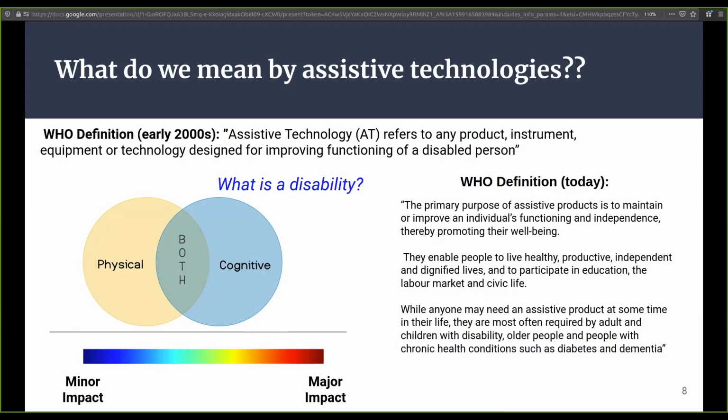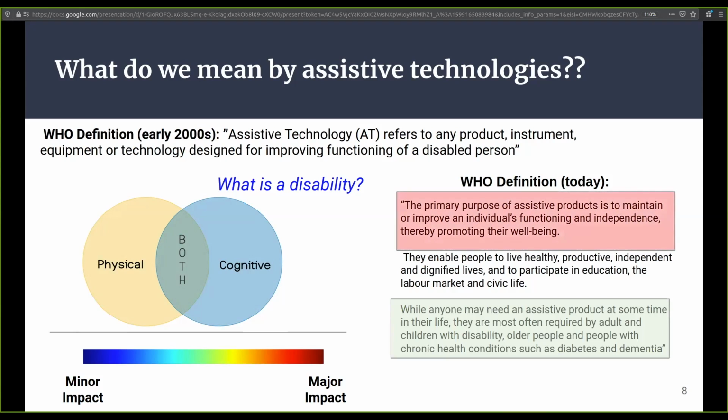It still has a paragraph mentioning the importance of assistive technologies being applied to people with specific and diagnosed disabilities. But there is also a component that says that the primary purpose of assistive products is to maintain or improve an individual's functioning and independence, thereby promoting their well-being.